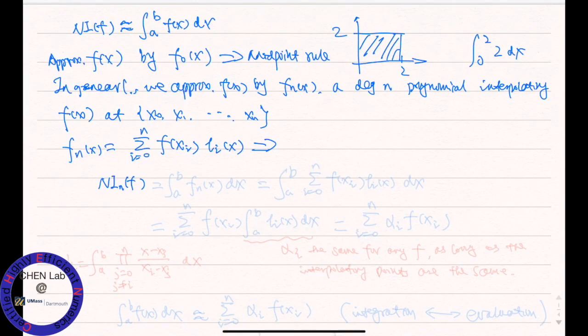Even if it's available analytically, it doesn't mean you can integrate it. So we're going to use the integral from a to b, not of f, but of this approximation of f, fn. That's exactly what we started doing.